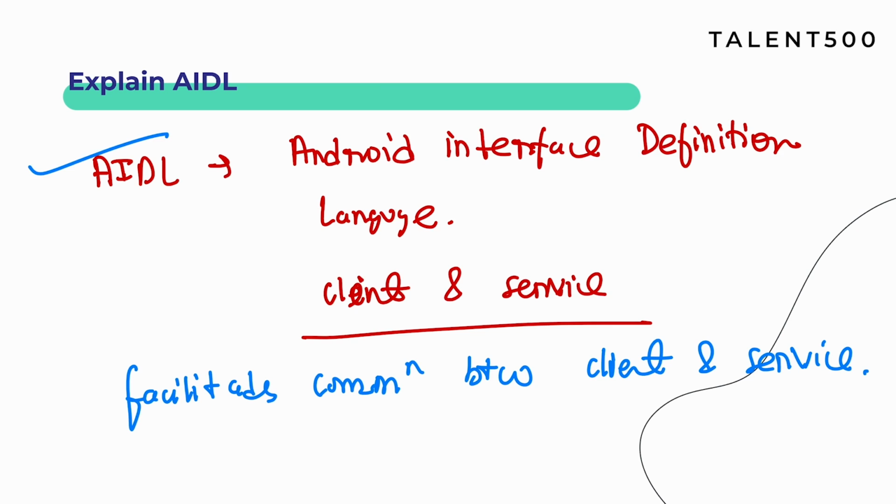For the procedure of communication between processes, the data is split into small portions which are easily recognized by the Android platform. Basically, in short, AIDL facilitates communication between the client and the service.